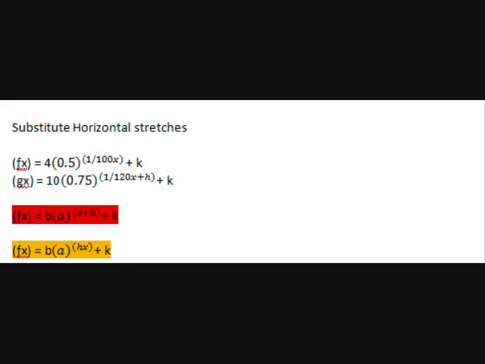As you can see in the two equations above, I've chosen a horizontal stretch of 100 and 120. The individual did not say I needed the same one or different ones, so I assumed I needed different stretches, which I have done. And that is how it will look in the equation.